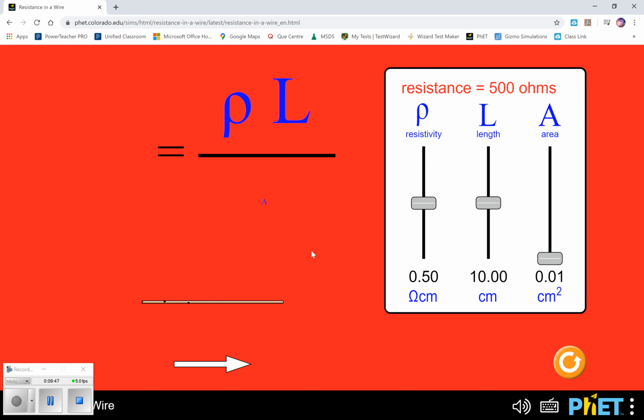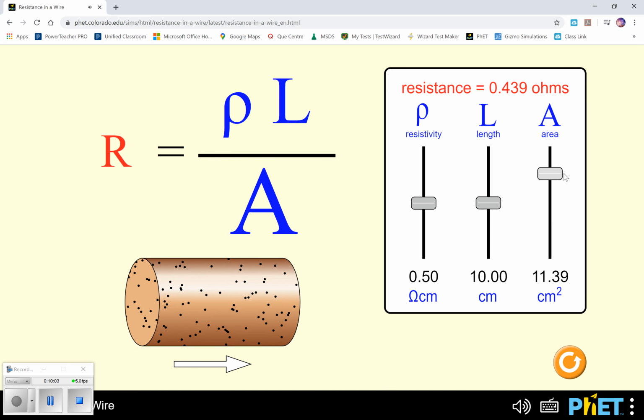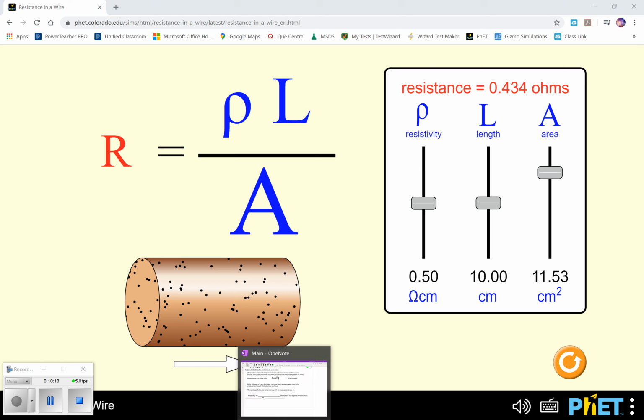We use a thicker gauge wire because there's less resistance to handle the amount of electrons that are being used to power your refrigerator. So the more electrons or the more current that needs to be used by a device, the thicker wire we use, because there's less resistance, and therefore we can operate that item without having heat become an issue.